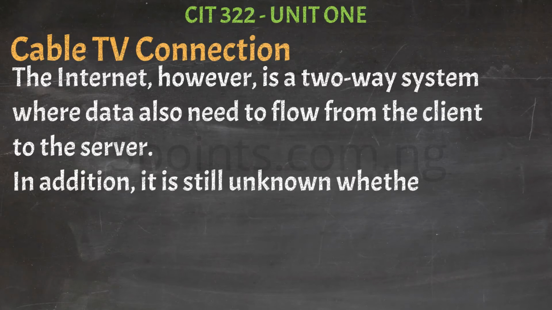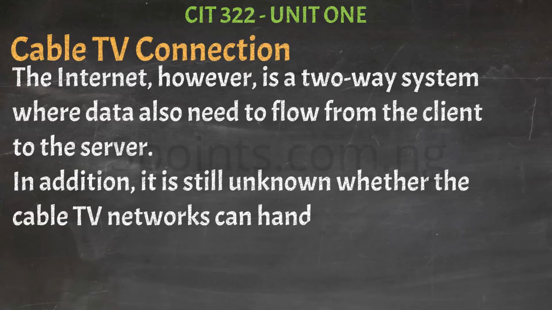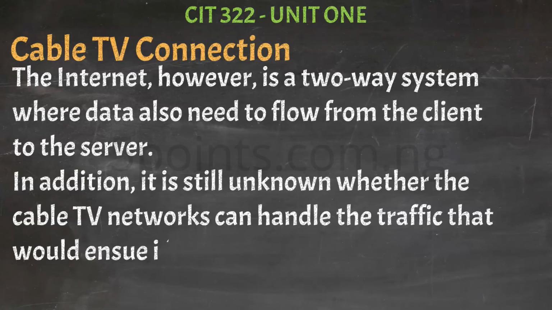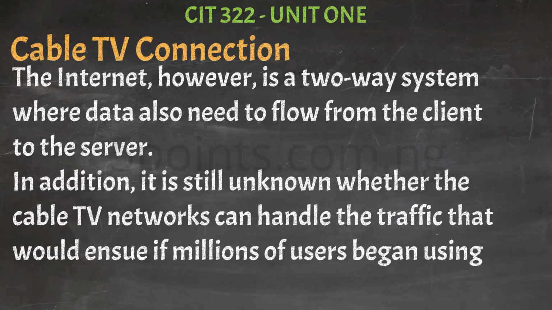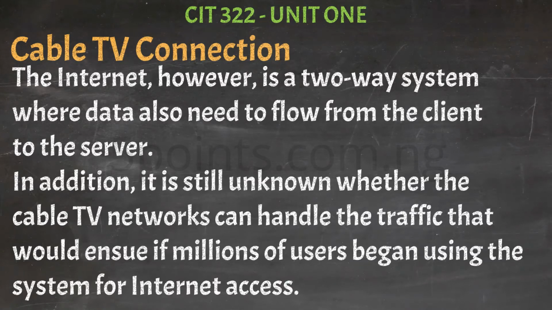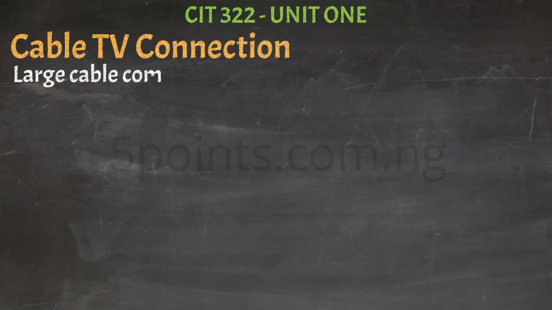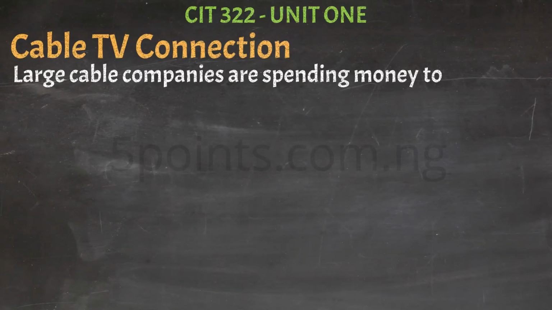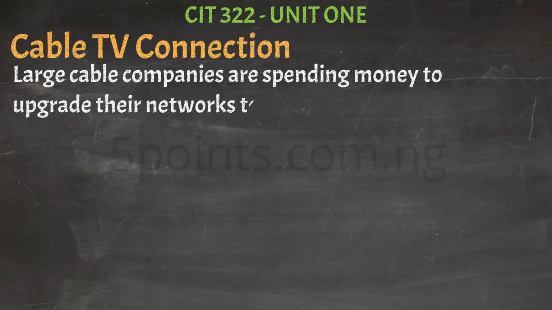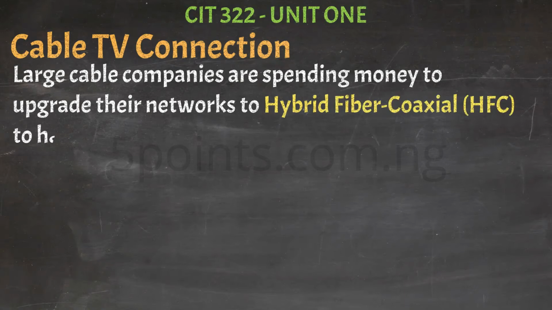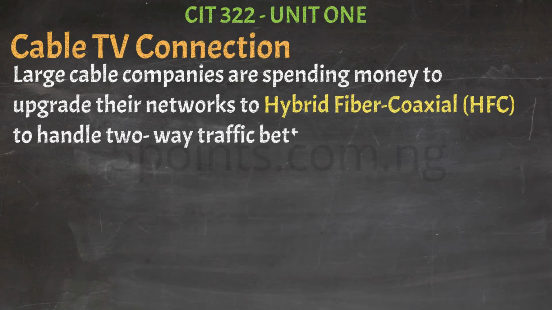In addition, it is still unknown whether the cable TV networks can handle the traffic that would ensue if millions of users began using the system for internet access. Large cable companies are spending money to upgrade their networks to hybrid fiber coaxial, HFC, to handle two-way traffic better.